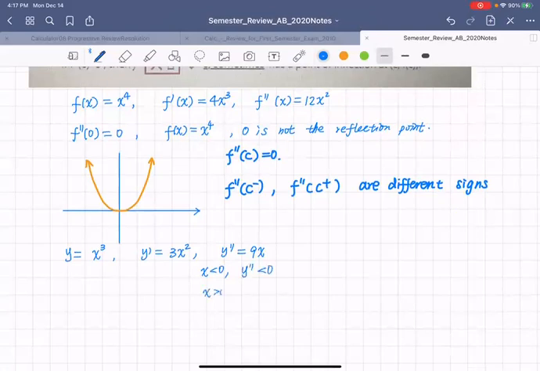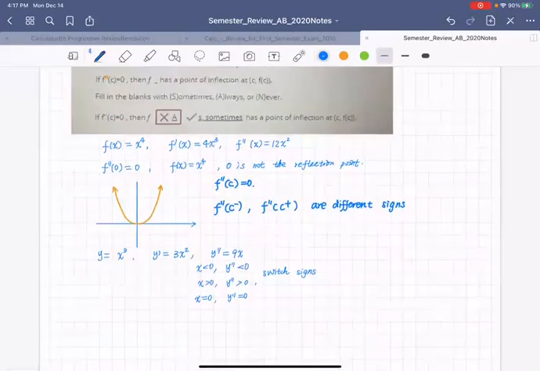When x is bigger than 0, this is bigger than 0, right? And at x equals 0, this equals 0. You see the signs switched. Then this point is called the inflection point. Does that make sense?